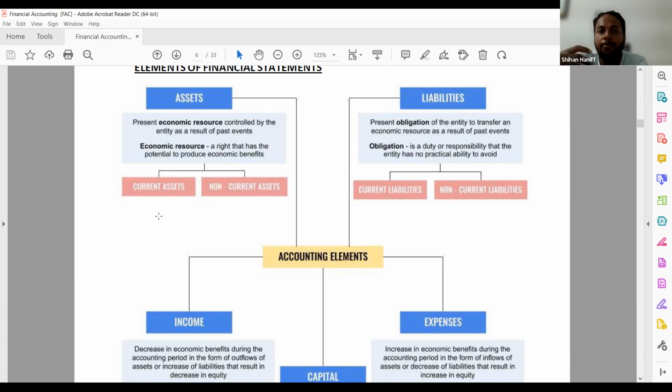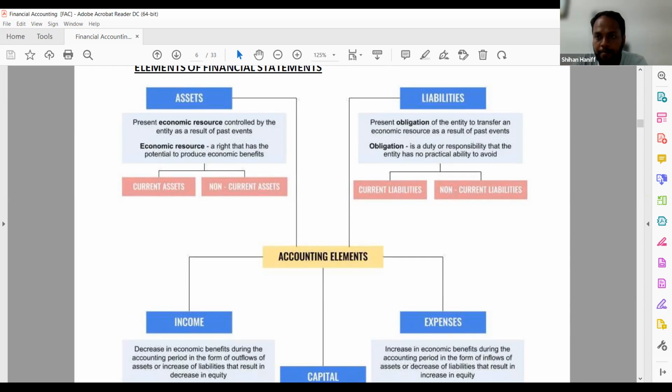From an asset, you can produce economic benefits, then we call it a present economic resource. Number two, controlled by the entity. Number three, result of past events. So three important characteristics: present economic resource, controlled by the entity, result of past events. Assets can be divided into current and non-current.